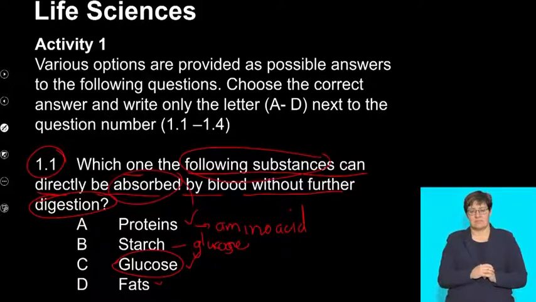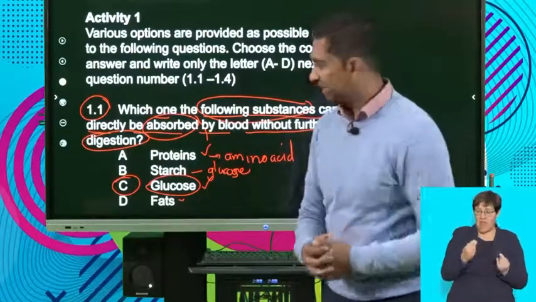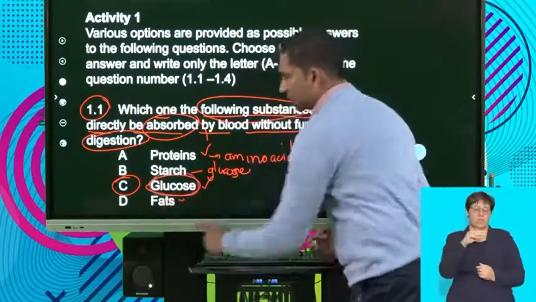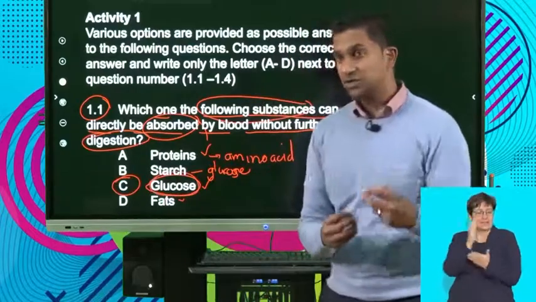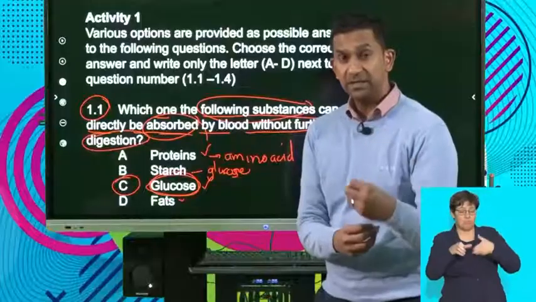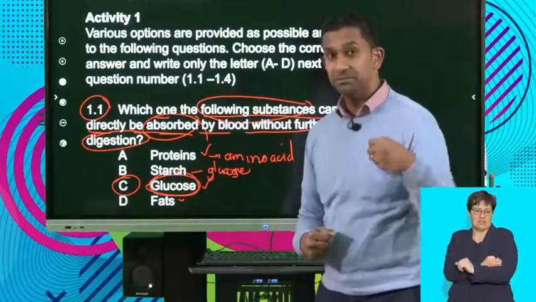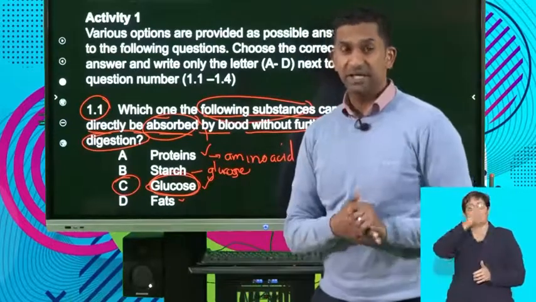The answer here is C. And if you reflect on what many energy drinks contain, they contain large amounts of glucose, so that the glucose can be readily absorbed without having to go through chemical breakdown. And that is what gives the release of energy immediately when consuming an energy drink.